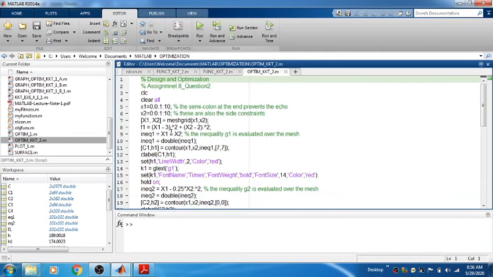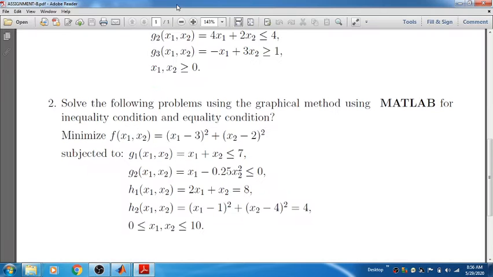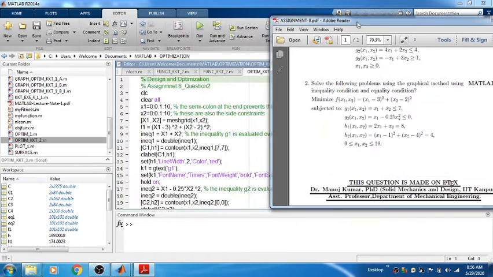If you see it, x1 and x2 are two variables and the function to minimize will be this. You can see (x1 minus 3) whole square plus (x2 minus 2) whole square.